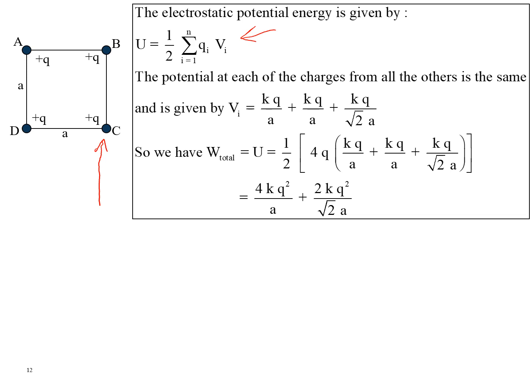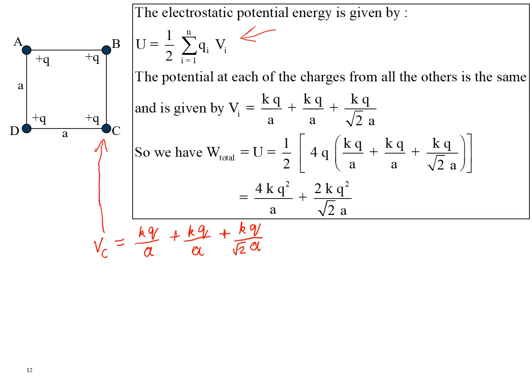So let's take the point C and realize that the potential at C due to the charges at A, B, and D is given by KQ over A from the charge at the location B plus KQ over A from the charge at the location D plus KQ over square root 2 times A from the charge at the location A.